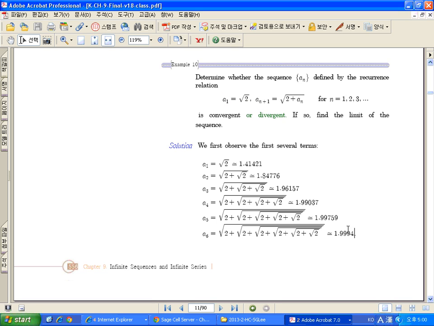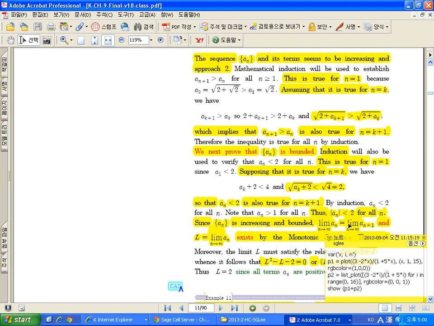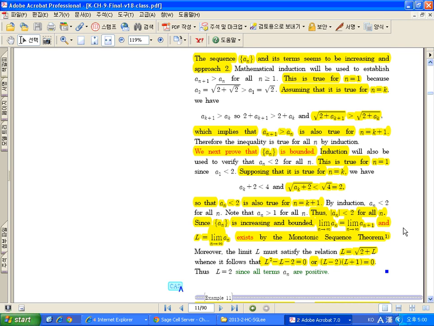So we may try to find the limit of it. So the sequence a_n seems to be increasing and approaching 2. So we use mathematical induction.